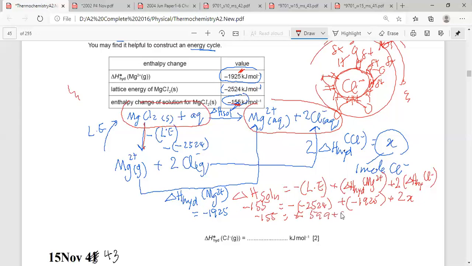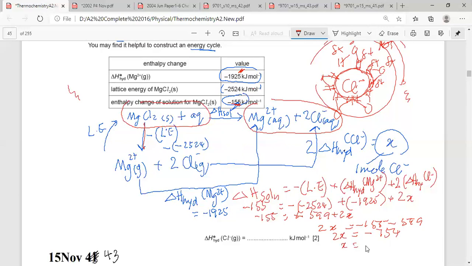This will be plus 599 plus 2x. So 2x equals minus 155, bring it over, minus 599, equals minus 754. It's 2x. What's x equal to?